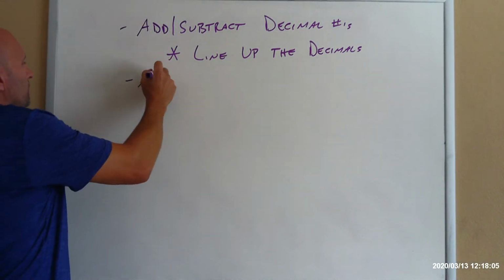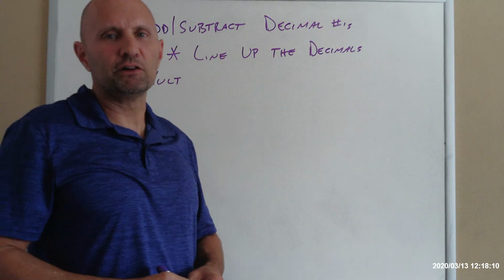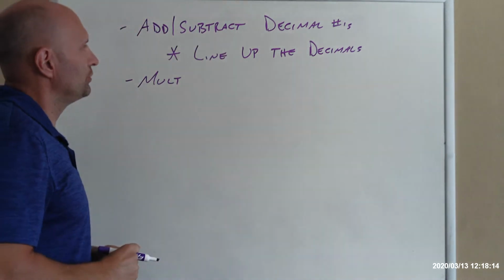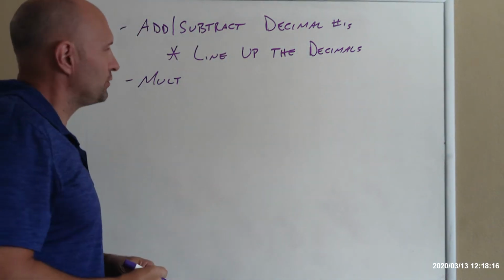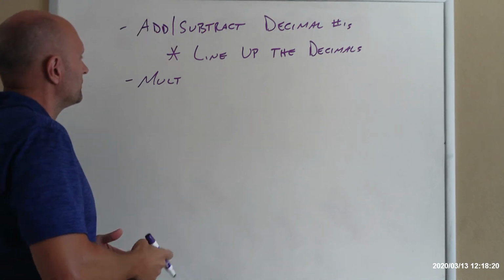There's not really anything tricky about those. It's like adding or subtracting regular numbers. The key though is just make sure you line up your decimals. Put in zeros if you want to, if you have extra decimals in one number versus the other.